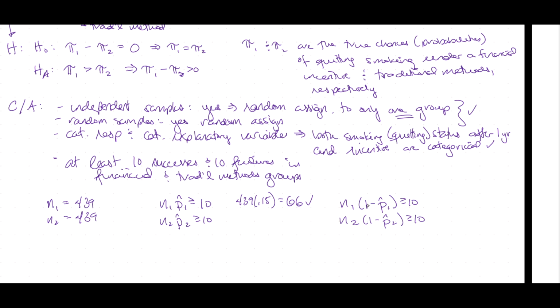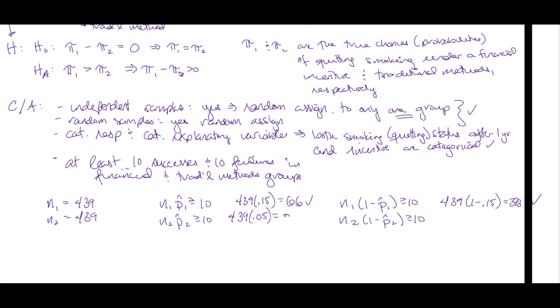We want to do the same thing for those who did not quit, so that's going to be 439 times 1 minus 0.15. That's 85% of the 439, that's 373. That's good. For the traditional methods group, that's 439 times 5%.